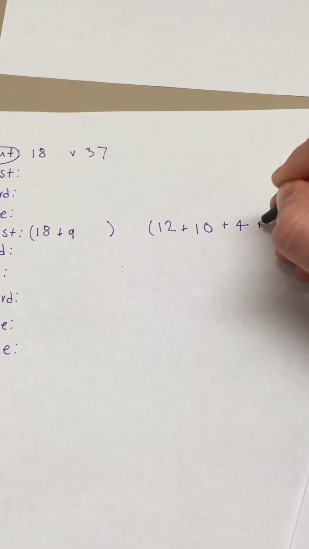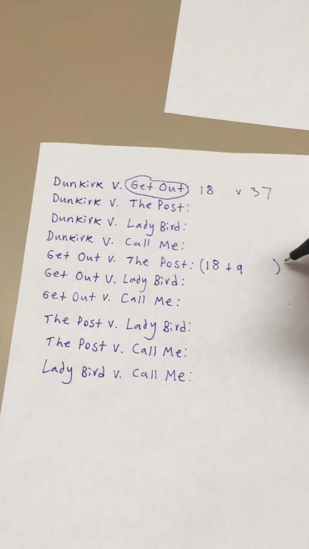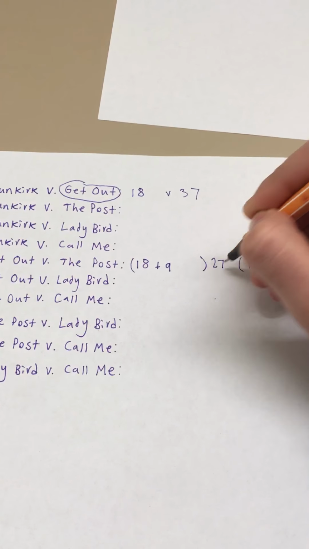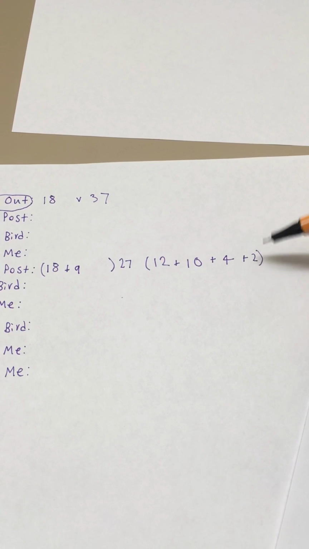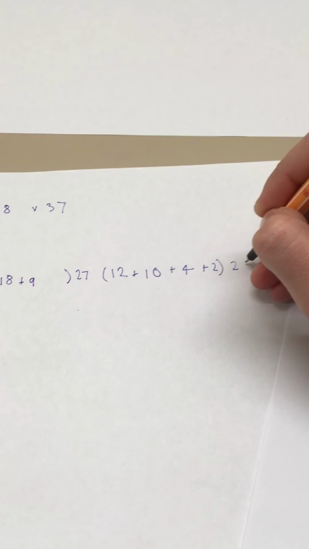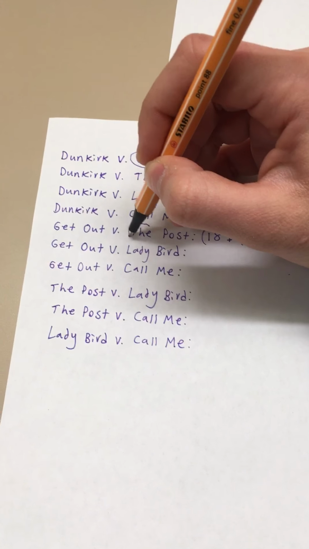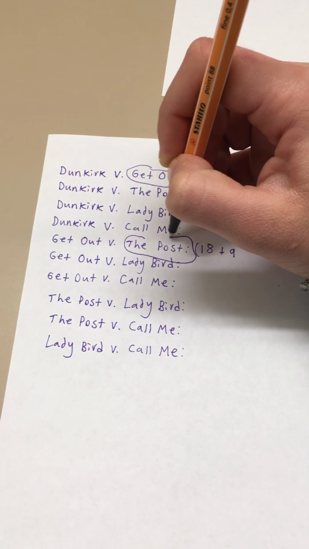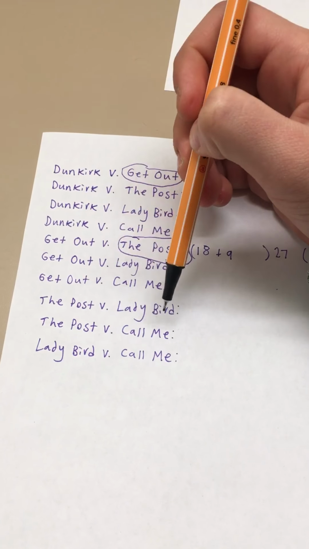And group of 2, The Post beats Get Out. So Get Out has 27 points, and The Post gets 28 points. So when we have Get Out versus The Post, The Post wins. So we know now that Get Out can't win. So let's look at The Post versus Lady Bird.